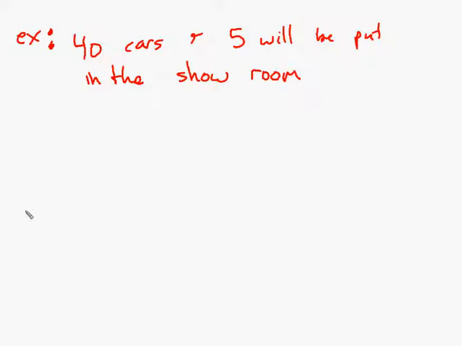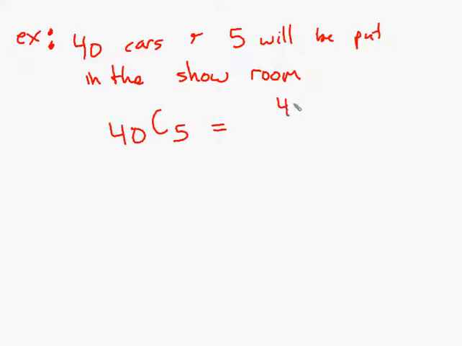Either a car makes it to the showroom or it does not. So that's 40 choose 5. Do you see the difference there? It doesn't matter which 5, or the order of the 5. Either you make it in the showroom or you do not.